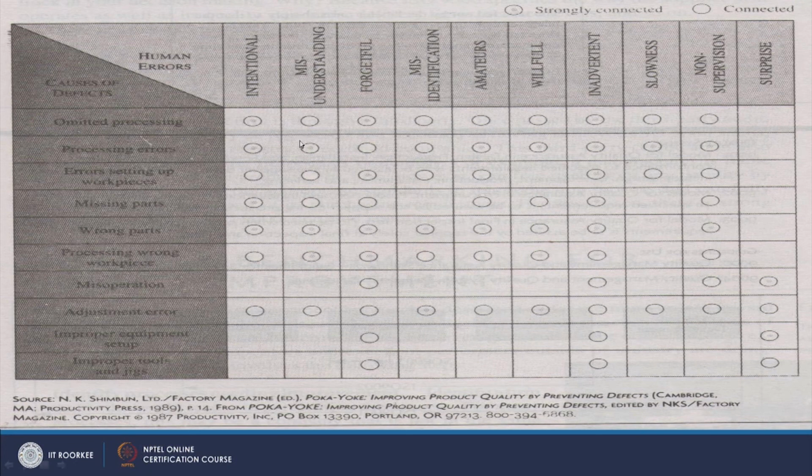So let us say we are saying that the errors are occurring due to human beings, right. So the errors could be due to intentional error, or misunderstanding. The worker did not understand instructions properly, right. Then forgetfulness, he forgets things, right, misidentification, willful errors, slowness, because if the operator is very slow there would be defects, non-supervision, and surprise.